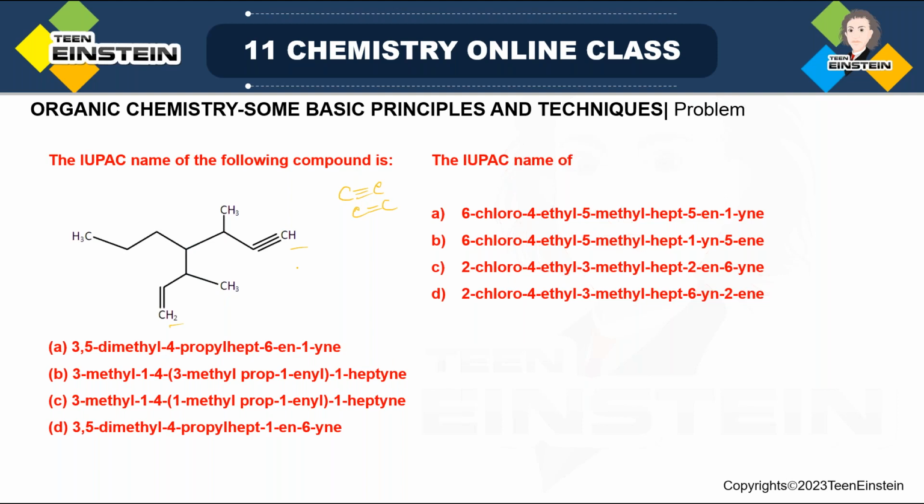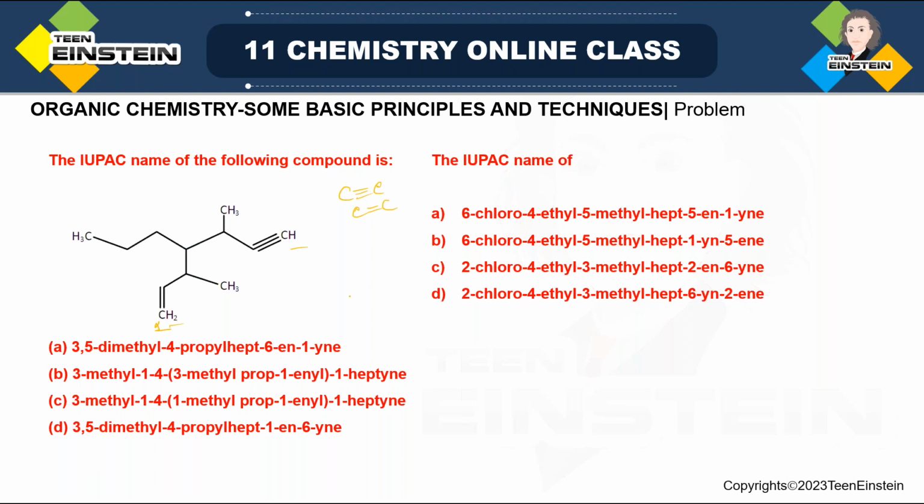See, here, when both these different types of unsaturation, that is triple bond and double bond, are present simultaneously, and if their positions are equivalent, equivalent means if you are starting the numbering from the double bond, then also it is number 1. If you are starting from the CC triple bond, then also it is number 1. So when we have equivalent positions for these two different types of unsaturation, you have to give the lowest number to the CC double bond.